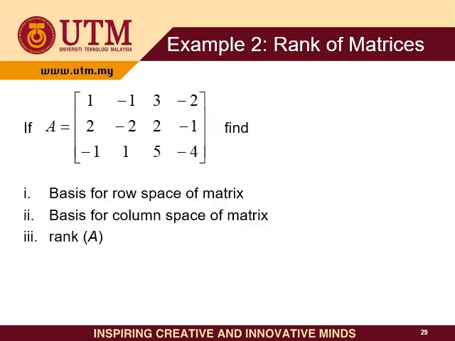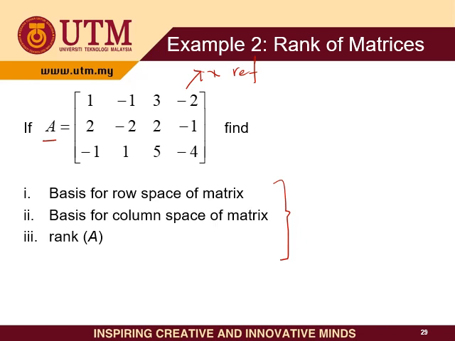Let's look at the second example. Now they give us a matrix A, but this is not in row echelon form. They ask us to find the basis for row space and the basis for column space.